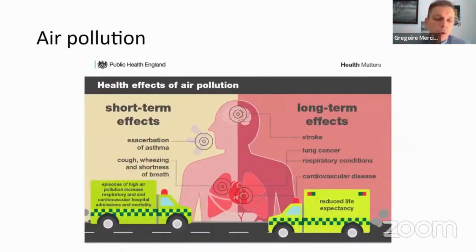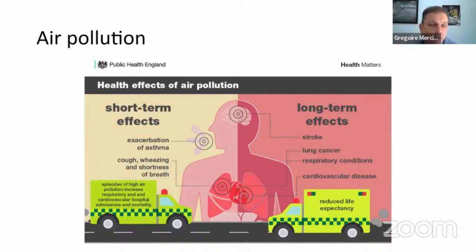Let's now consider a second environmental determinant of health, which is air pollution. I'm not going to go into more details about the various pollutants that are known to have an effect on health, but my focus here is that when you think about the health effect of air pollution, you have to think about short-term effects, and that's the left part of my slide, and you also have to think about long-term effects.